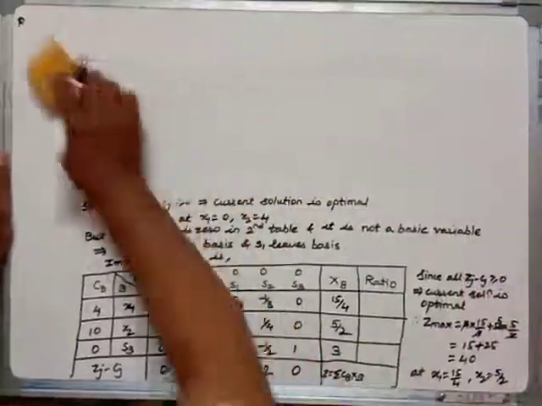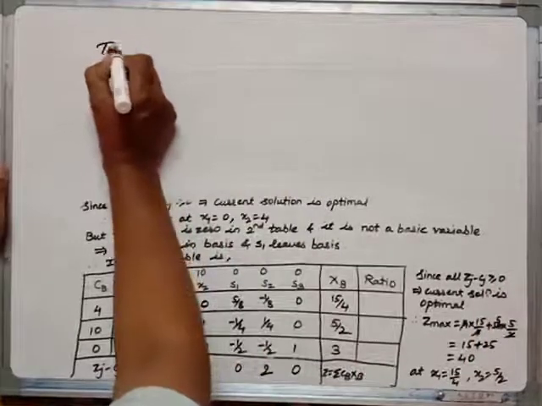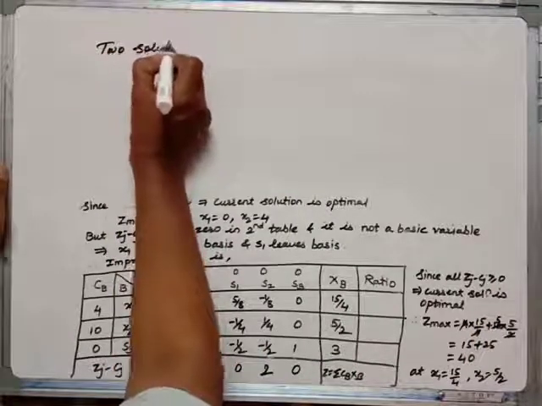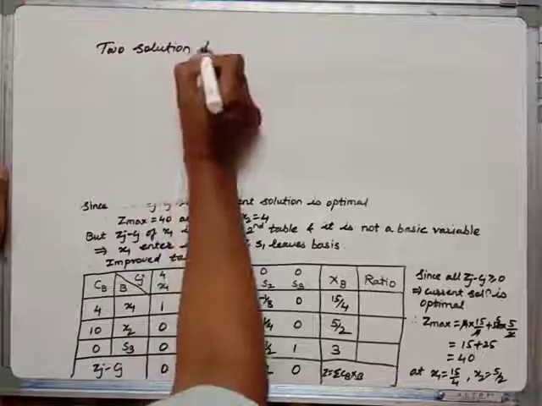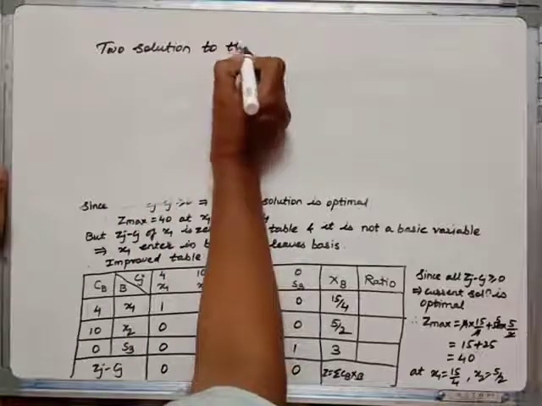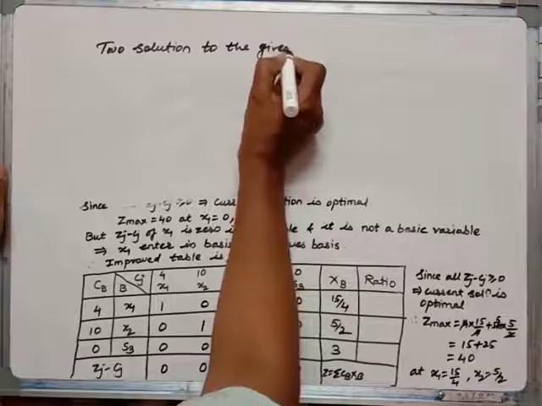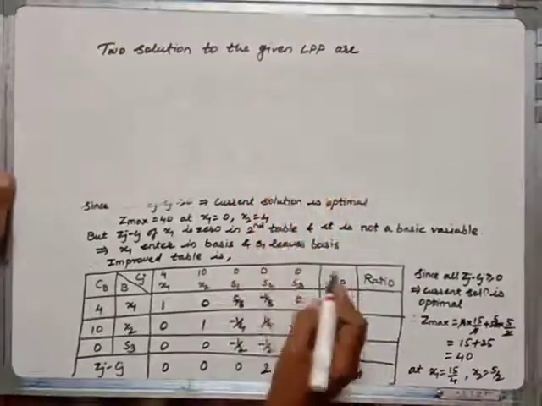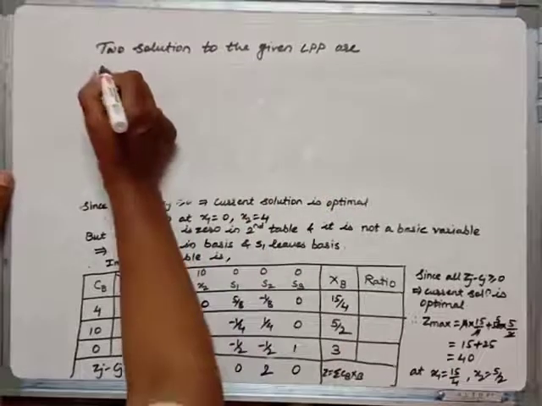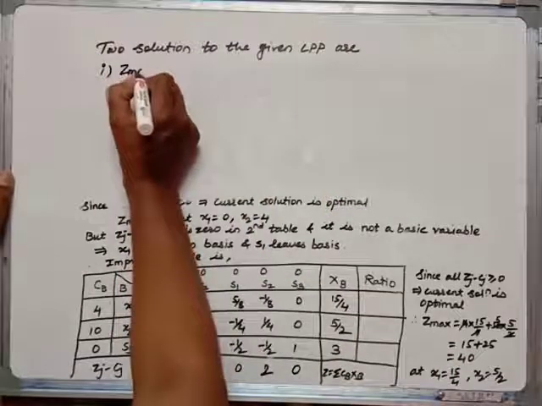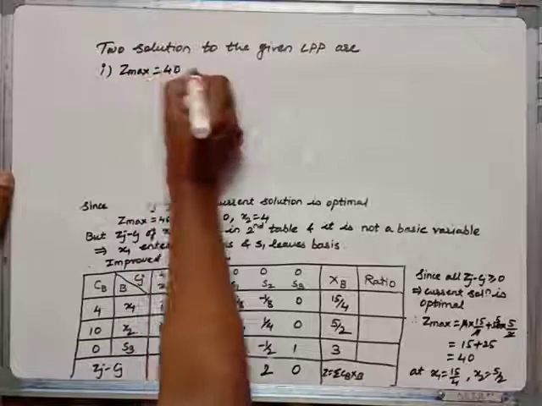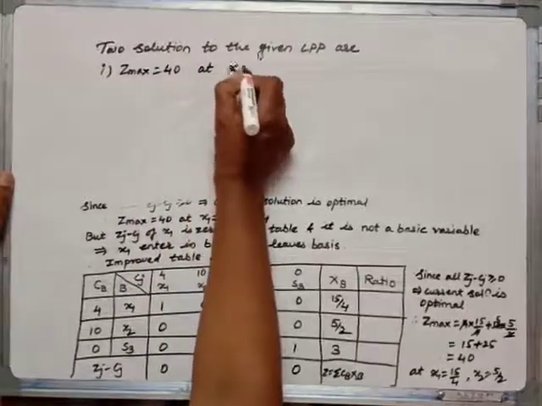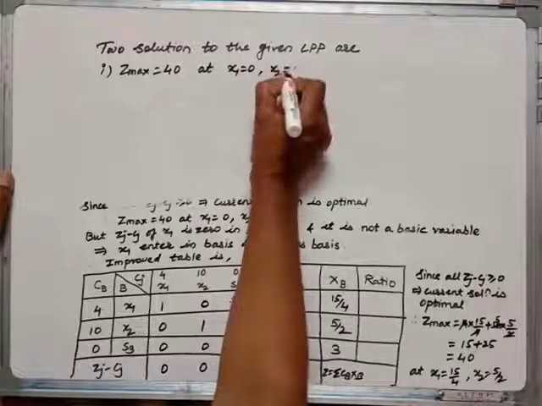So let us summarize the solutions. Two solutions to the given LPP are, first one, Z max equal to 40 at x1 equal to 0, x2 equal to 4.